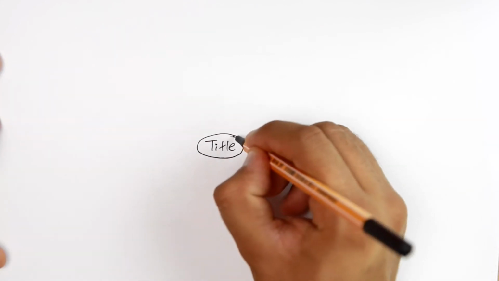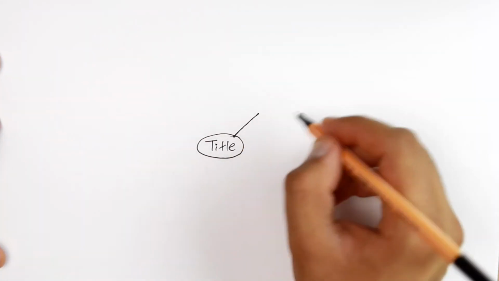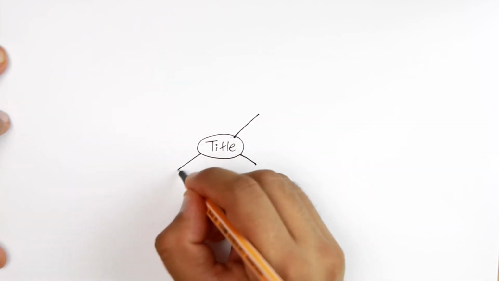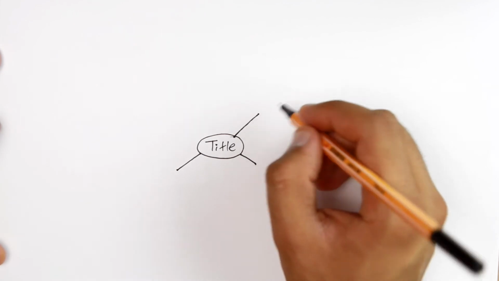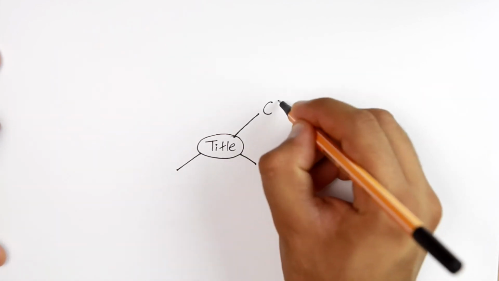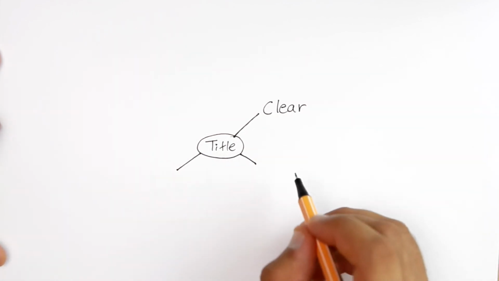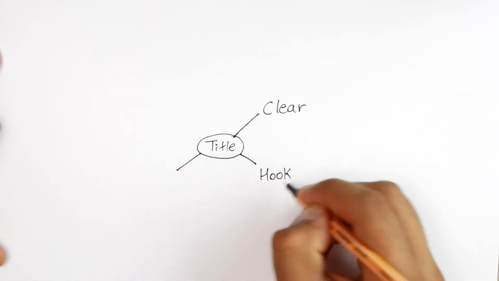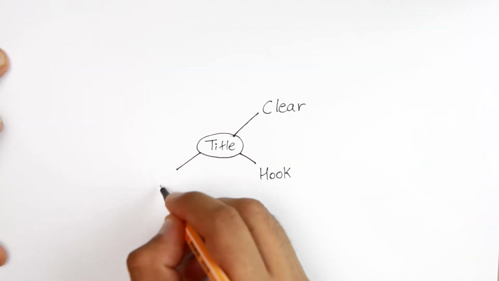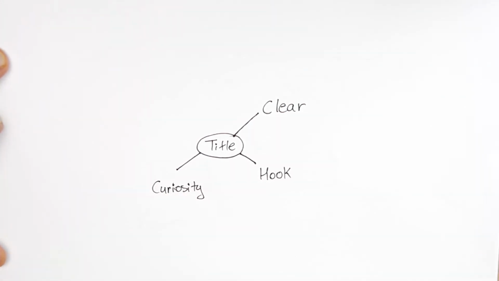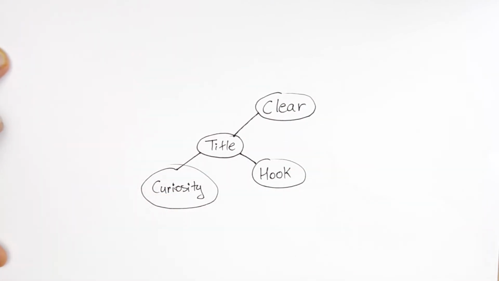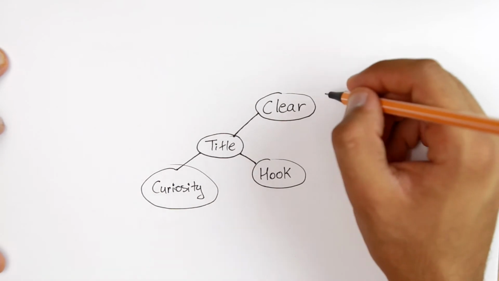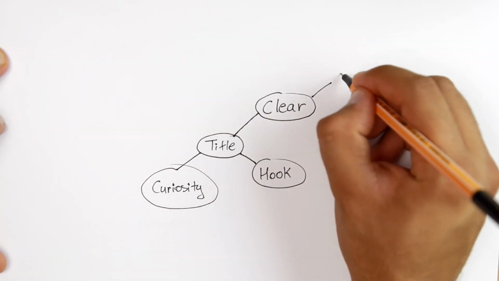There are 3 things to look out for when choosing a title. You might focus on clarity, so it's very clear that your audience knows what you're talking about. You might choose to go for a hook, suspense and surprise. And you might just raise their curiosity so they want to find out more about your speech. For my speech, I just want something tangible.